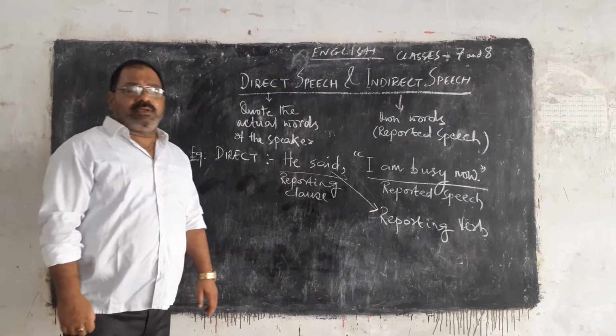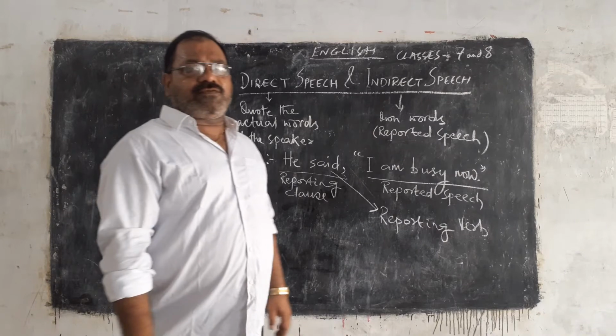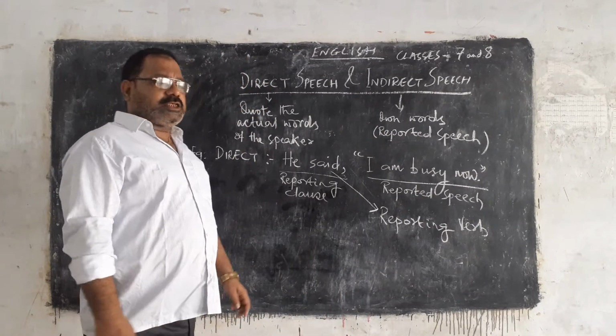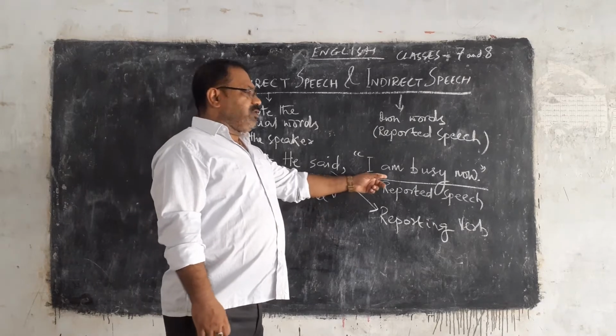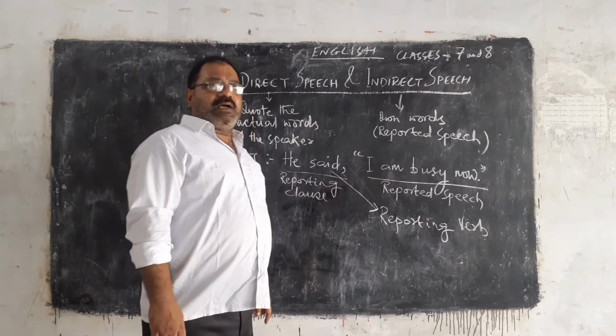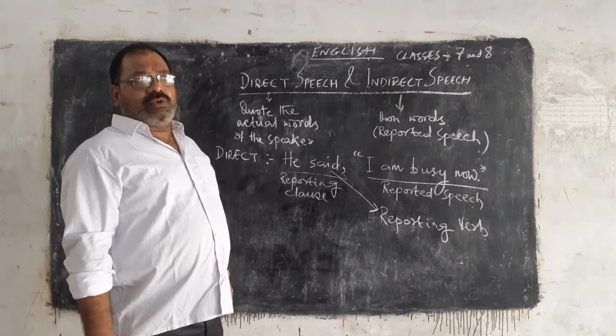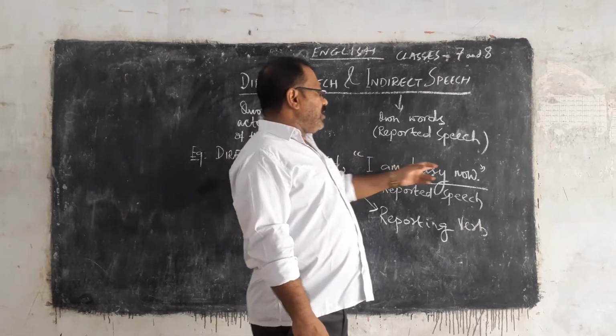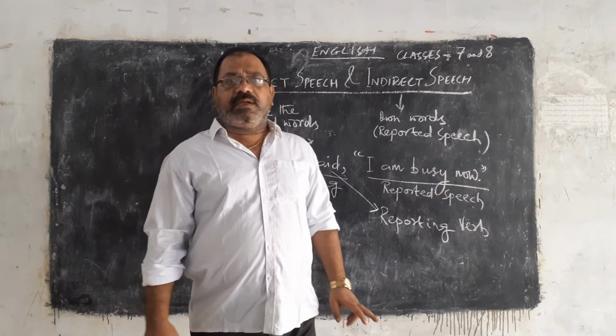Now see, rule number 1 in direct speech we have to follow. Here, in direct speech, we quote the actual words of the speaker, and when we quote the actual words of the speaker in direct speech, we put it under inverted commas.